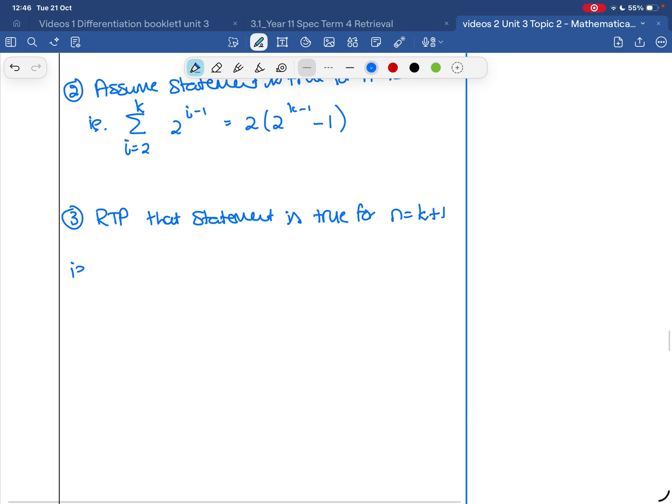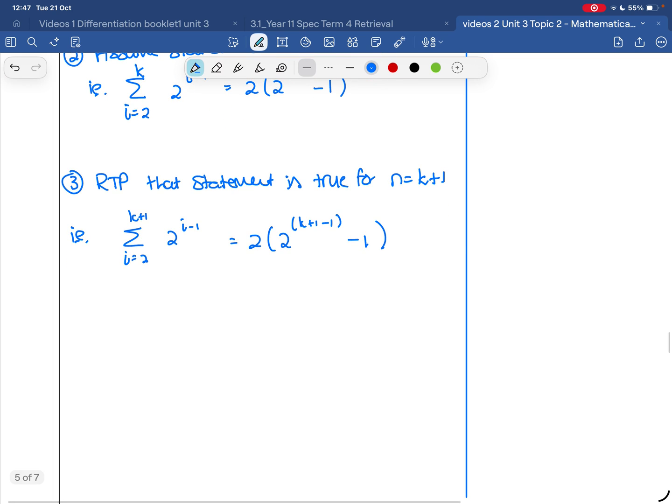So in other words, I want that the sum from i equals 2 to k plus 1 of 2^(i-1) is 2 times (2^((k+1)-1) - 1). Okay, so let's have a look. Maybe we can just add a little bit, because (k+1) minus 1 is just k, so 2^k.